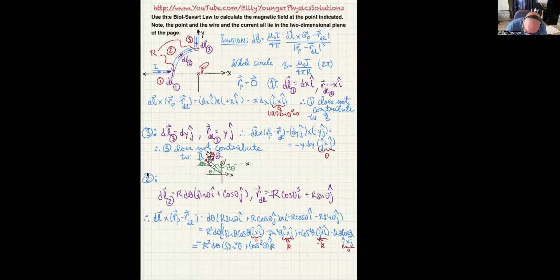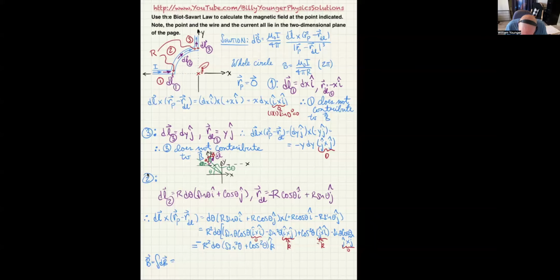So now finally I can write that b, which equals the integral of db, and that's over parts 1 and 2 and 3, but we got 0 for part 1 and 0 for part 3, so all we have left now is just what we got for part 2.